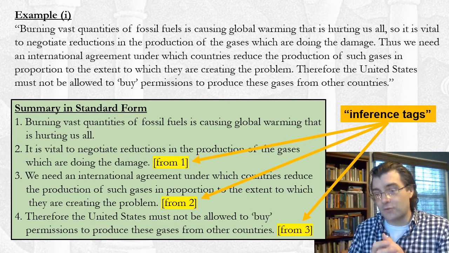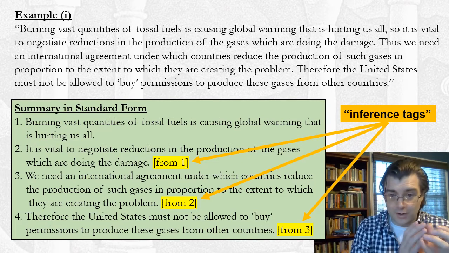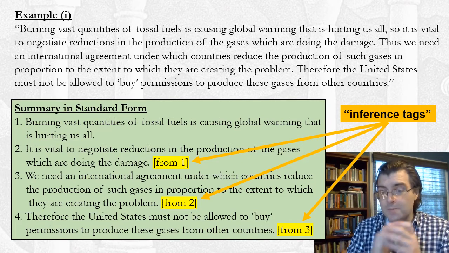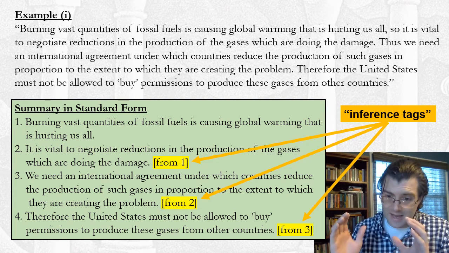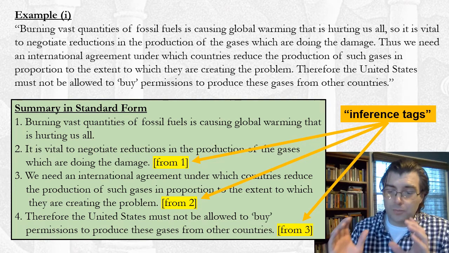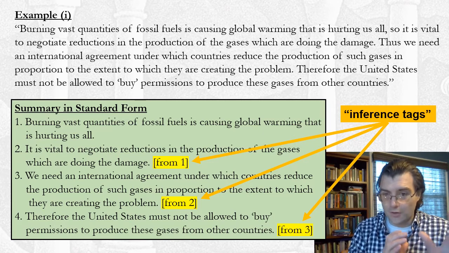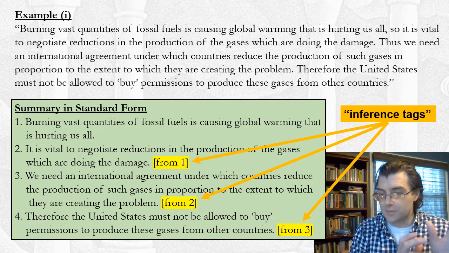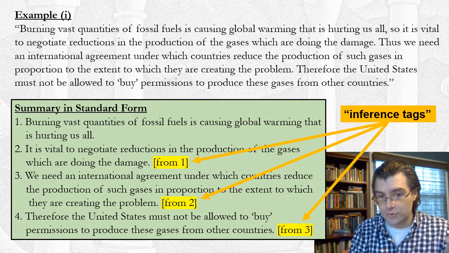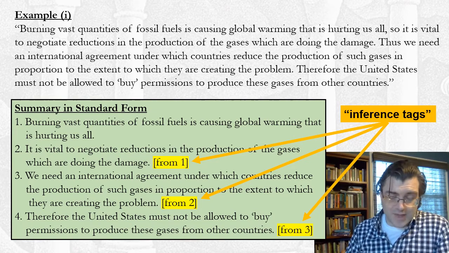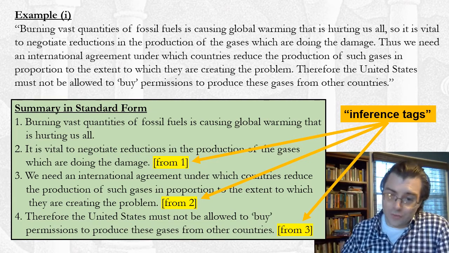Sometimes, really, I mean, for our purposes, it will soon be required that we indicate which of the premises are intended as support for which of the other premises or which of the conclusions, whether intermediate conclusions or final conclusions. And one of the ways we can do that is by using what I call inference tags.